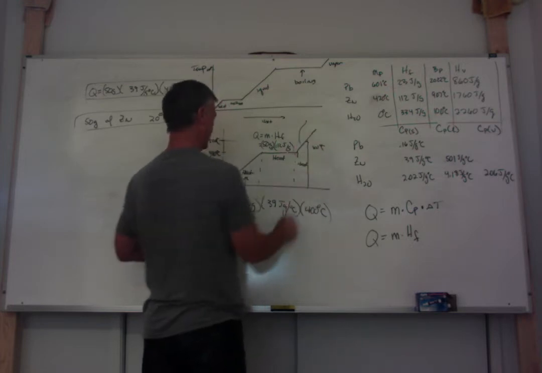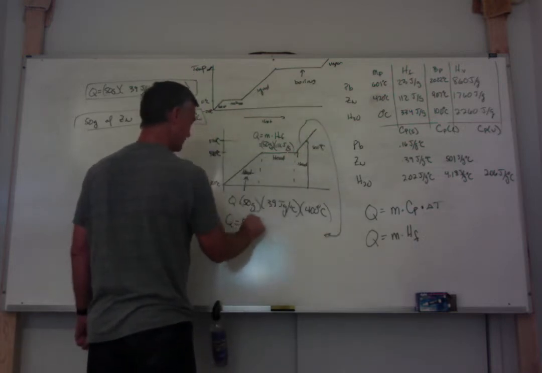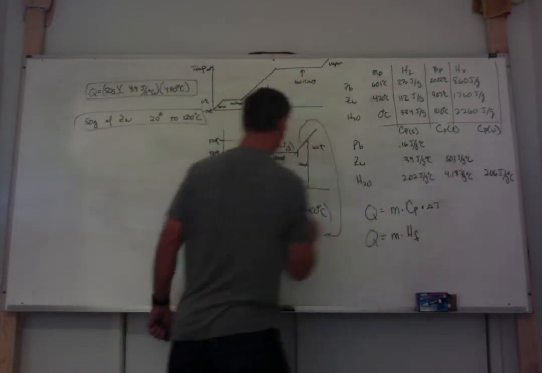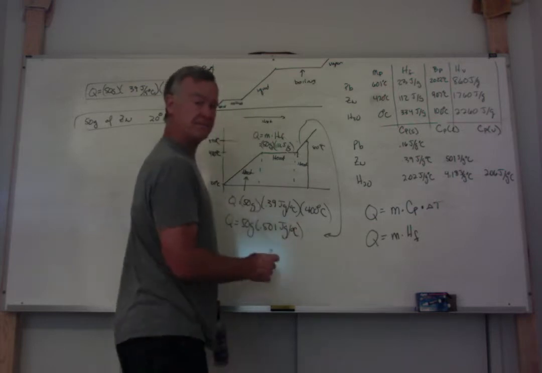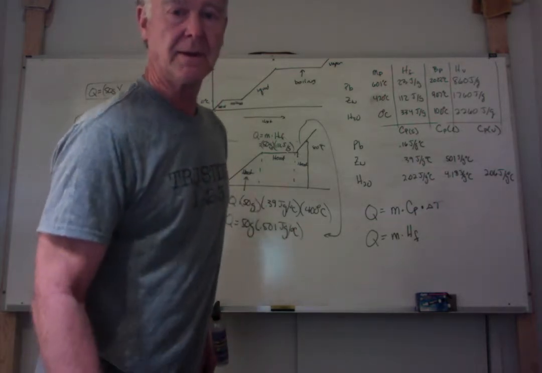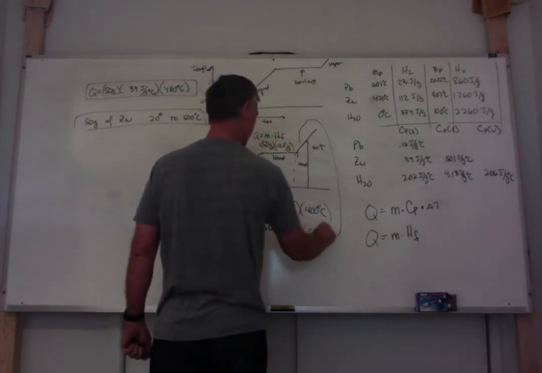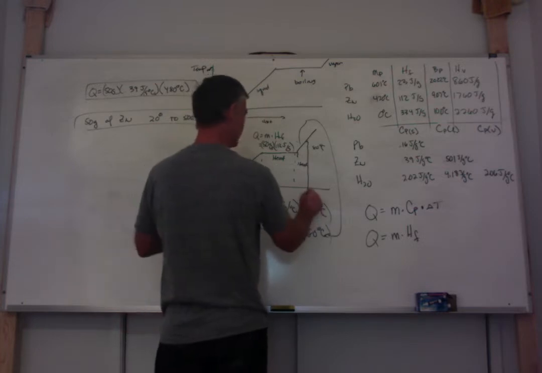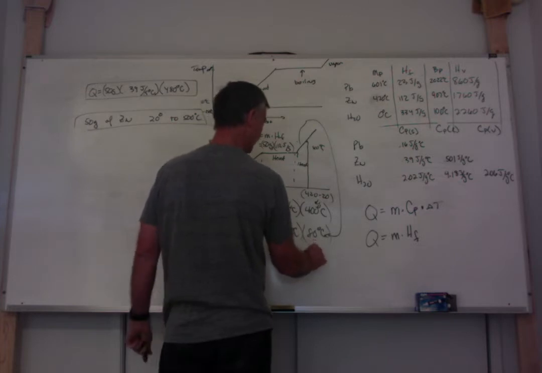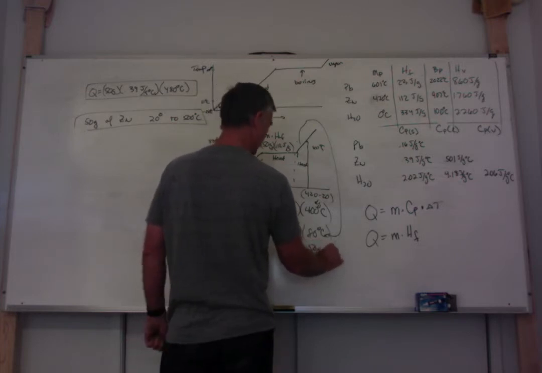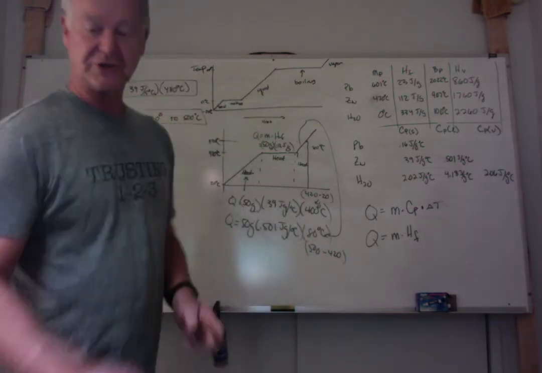This little section, I'm going to bring it down here, will be Q is equal to 50 grams times 0.501 joules per gram degrees Celsius times 80 degrees Celsius. And I'm getting this number from 500 minus 420.